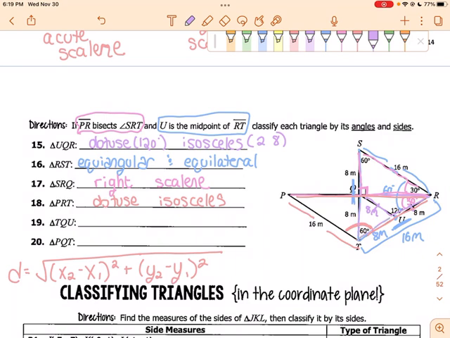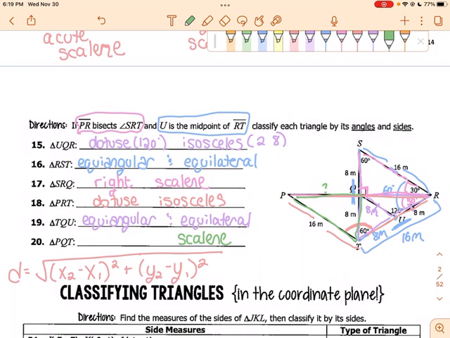Next is TQU, which is this little guy here. And all the sides are 8. So if all the sides are 8, that's automatically telling us it's both the equi ones. So equiangular and equilateral. And then the last one is PQT.